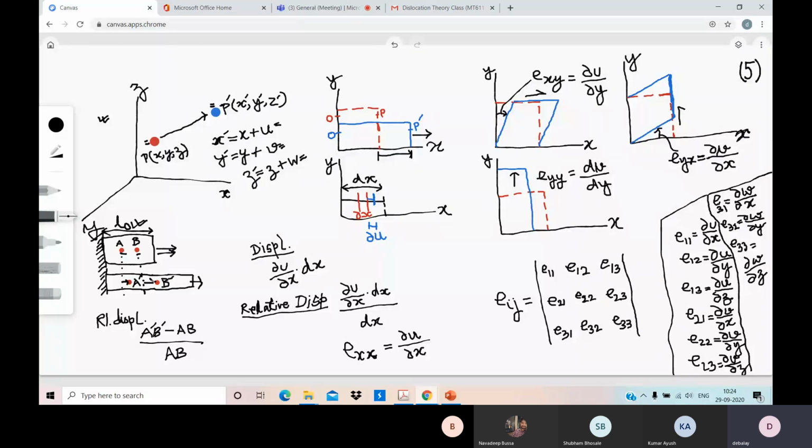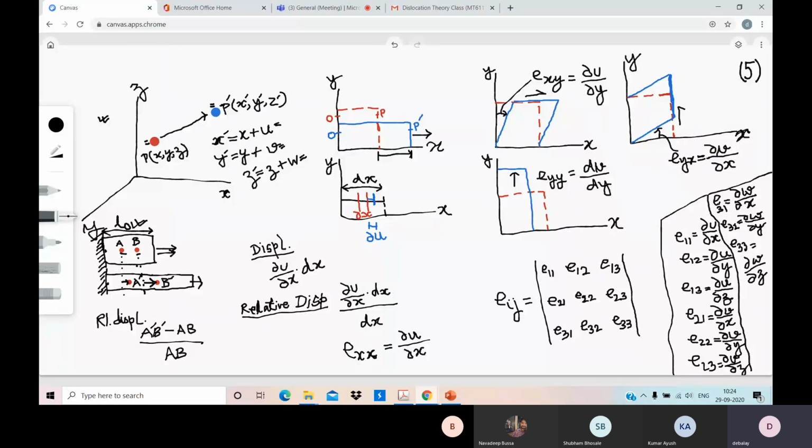The interesting thing you will find is that the point that is farthest from the hinged portion will shift more, because a point very near to the hinged end will shift minimum. The point that is touching the wall is basically not shifting.